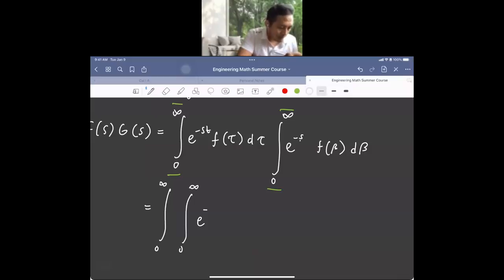Oh, this is s, sorry, this is negative s. So we have e to the negative s, this is not t, this should be tau, so tau plus beta, and then f(tau) and then g(beta), and then d tau d beta.